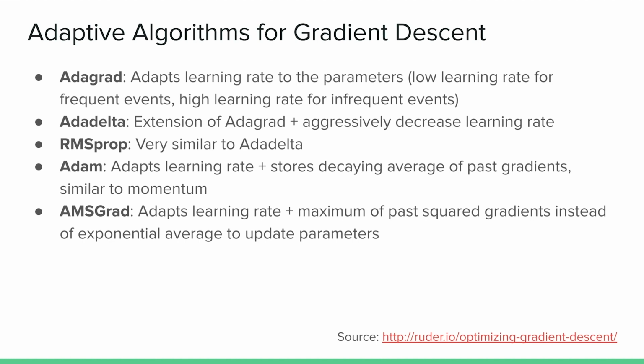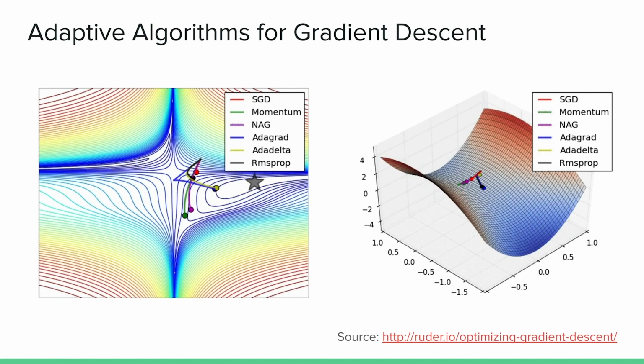There's been a really nice and interesting piece of work by Mr. Ruder, and he made this really nice visualization that I want to share with you, where he constructs a loss surface and then lets loose a bunch of different adaptive algorithms and tries to see how they perform on it.